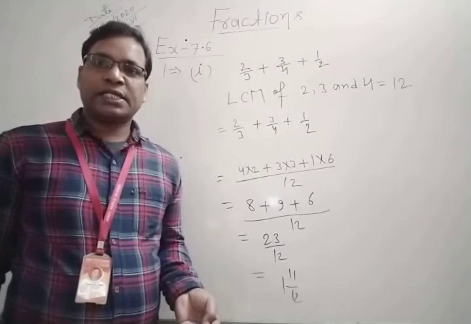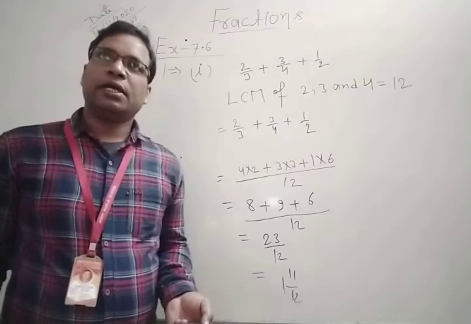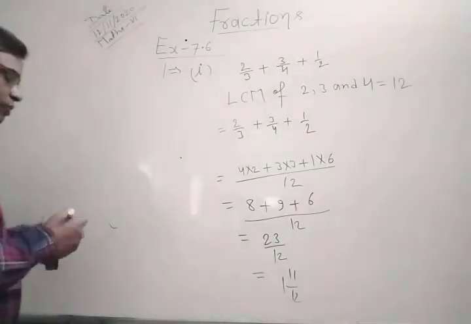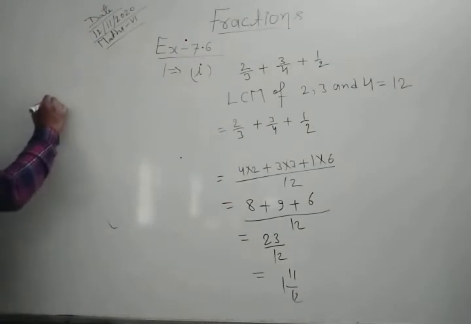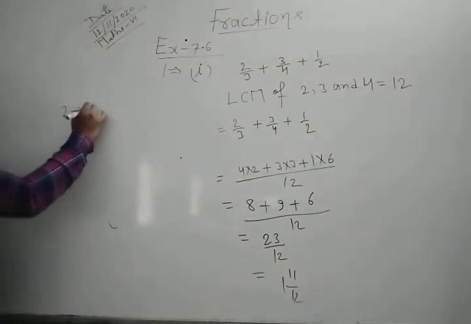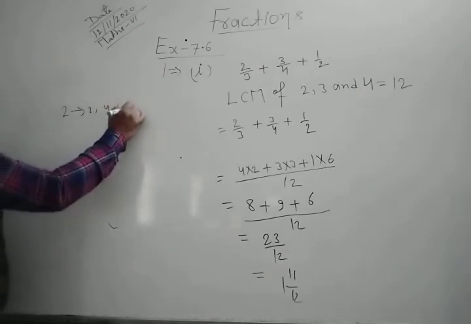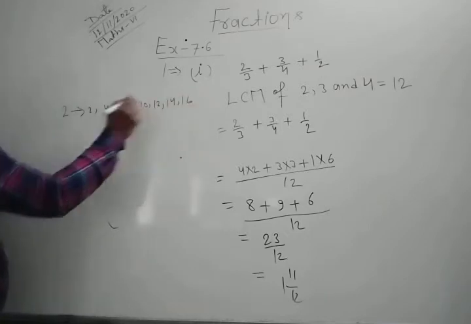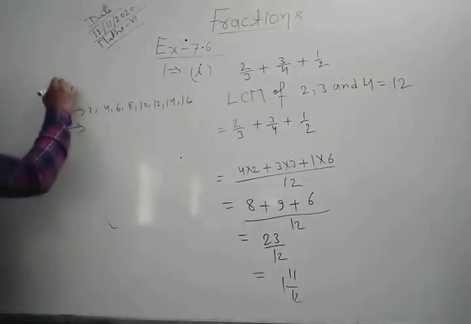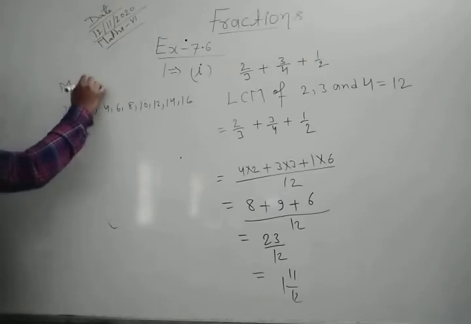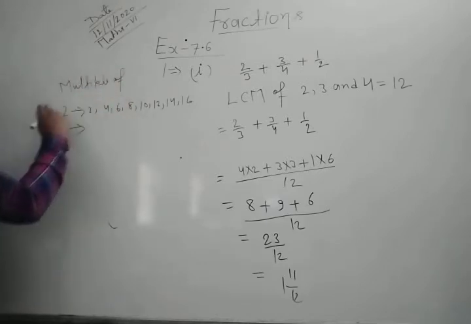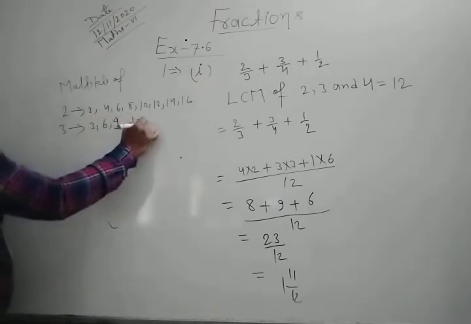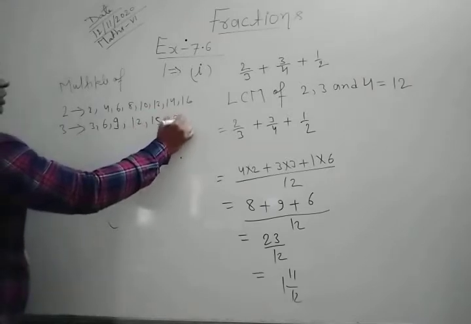2, 4, 6, 8, 10, 12, 14, 16 and so on. Multiples of 3 are 3, 6, 9, 12, 15, 18 and so on.